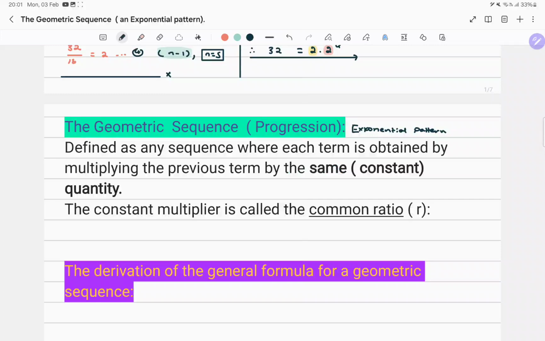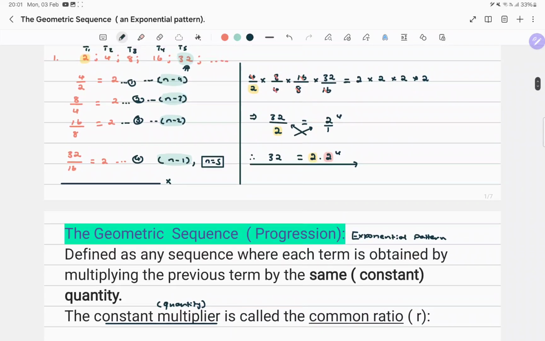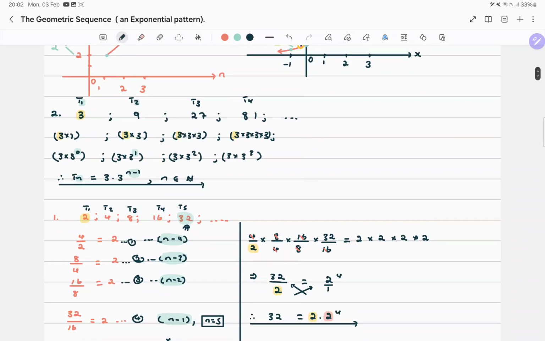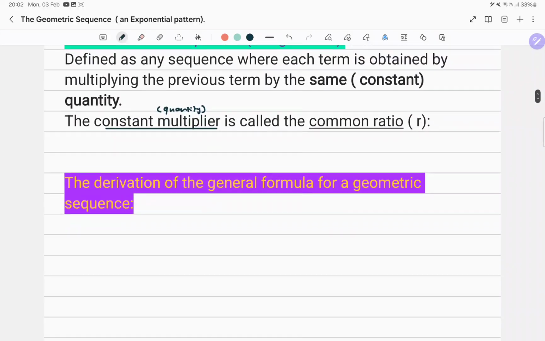You can say same quantity or constant quantity. All right, good. And this constant multiplier or quantity is called the common ratio. And we saw that the common ratio essentially was a 2 in this sequence. Okay, not a big deal.